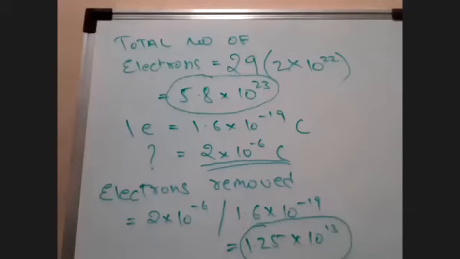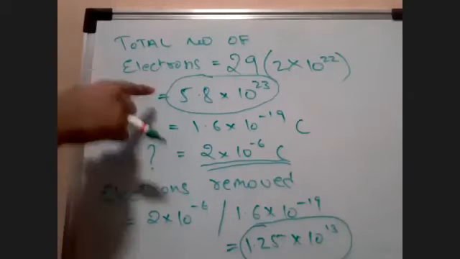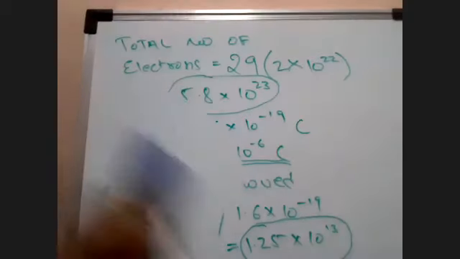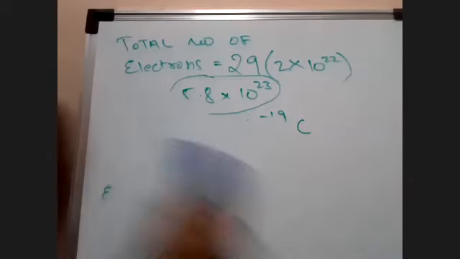So we have two values: the total number of electrons, and the electrons that are removed to form 2 microcoulombs. Keeping these two in mind, you can pause the video and write down the values.